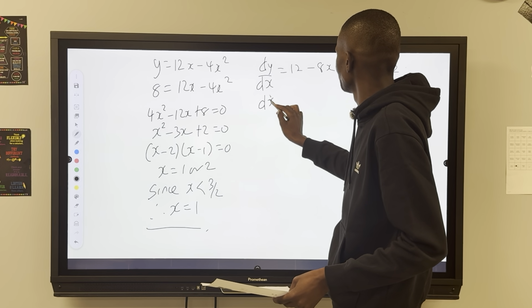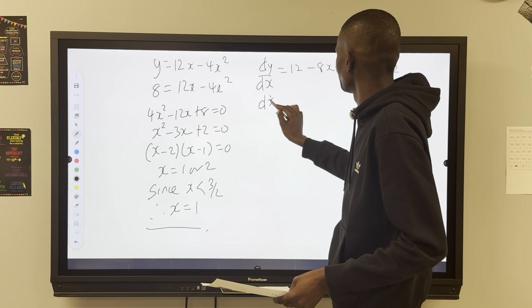Now we are moving on to part 3 of this problem. We need this question again. It's saying a finite region R is bounded by the y-axis, the tangent calculated in part 2, and the curve y equals 12x minus 4x squared. Illustrate by shading the region R on a sketch graph.